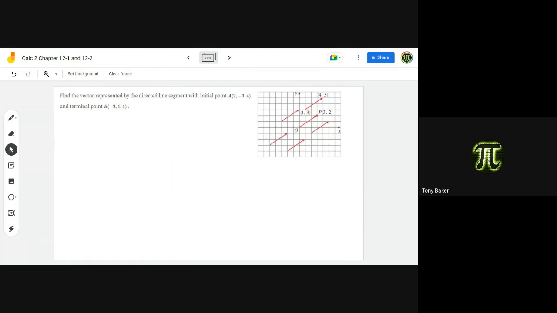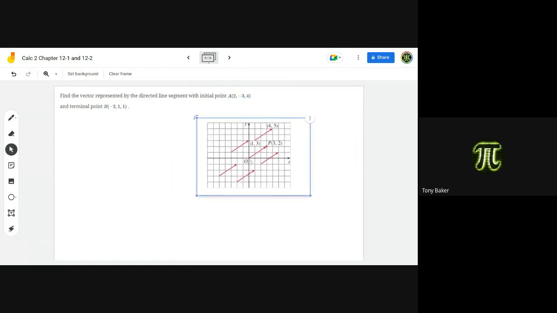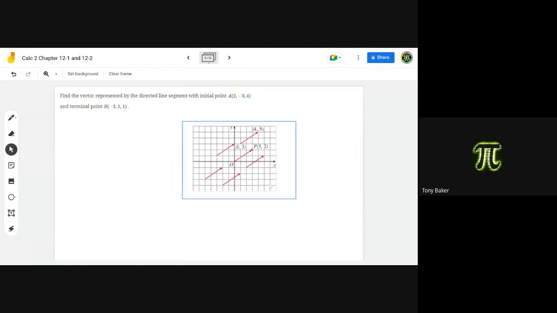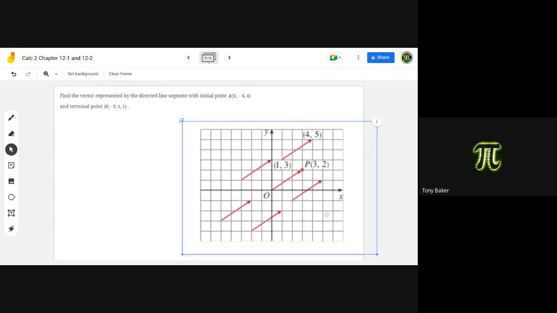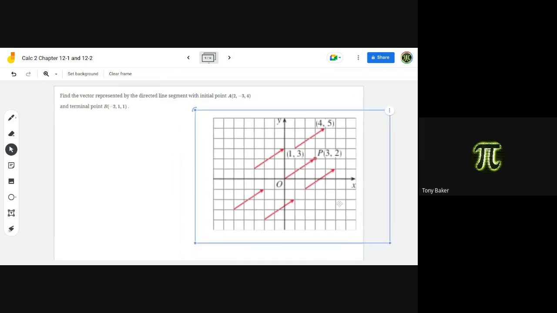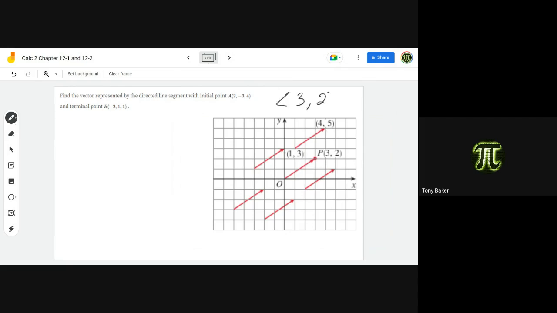So if we look at all these vectors right here, they are all the exact same vector, because they are all going to be <3, 2>.